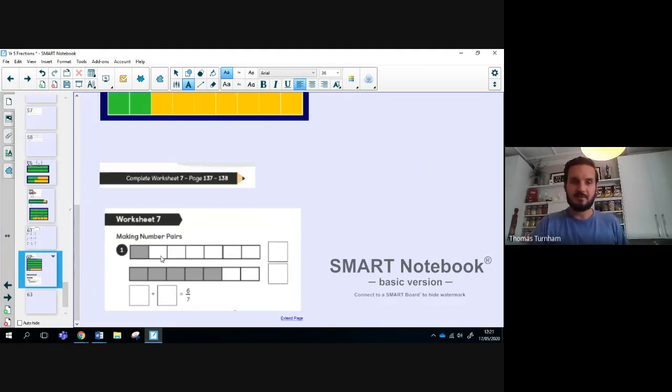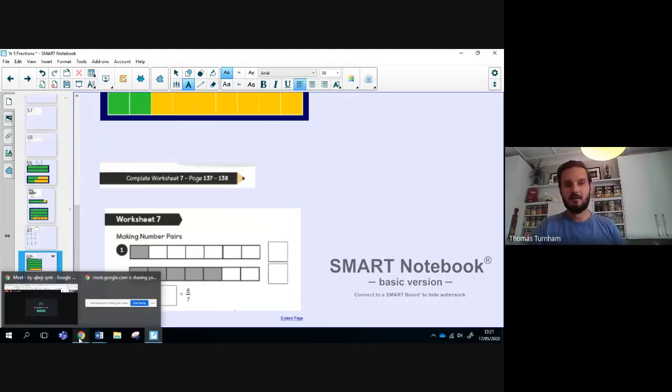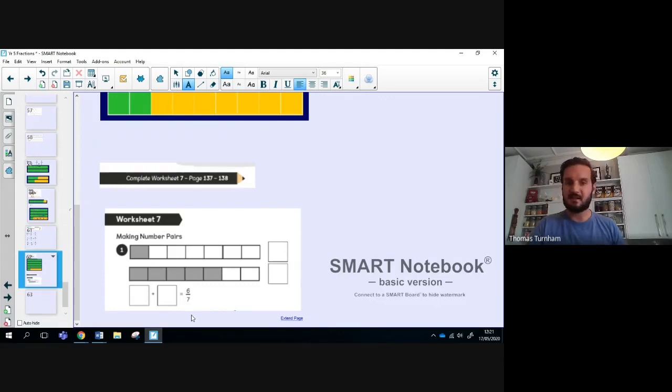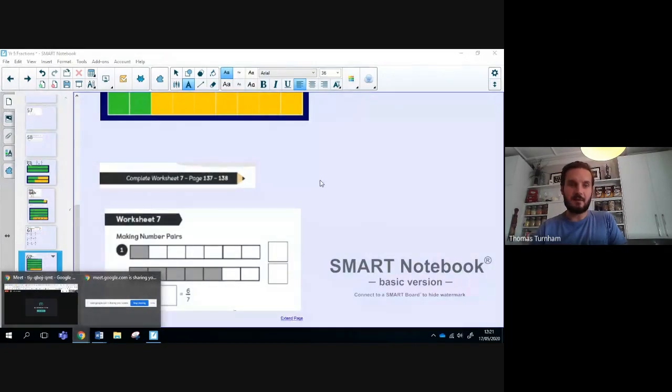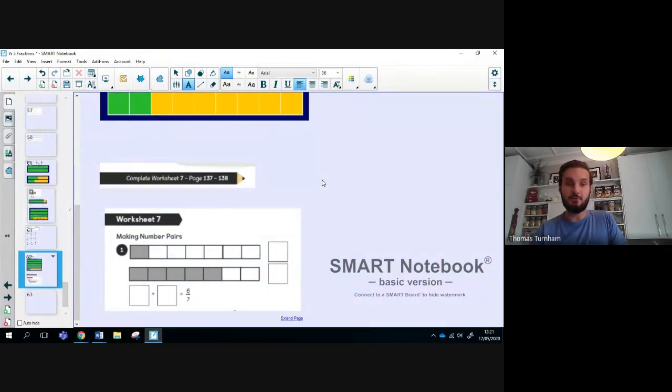Put one of the fractions for the first bar in here, for the second bar in here, and then put them into this number sentence. As I said, if once you've done that, you want to have a challenge, then start looking at 6/7. How else could you make it? Right, pause the video here, and then I'm going to get you to come back to the video to check the answers out.